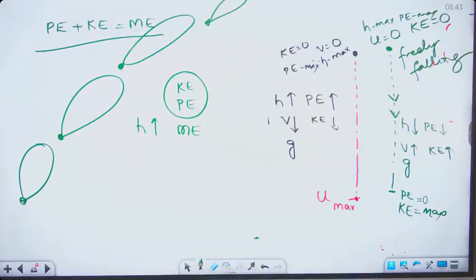The planets which are moving around the sun have mechanical energy. A balloon which is rising upwards has mechanical energy.